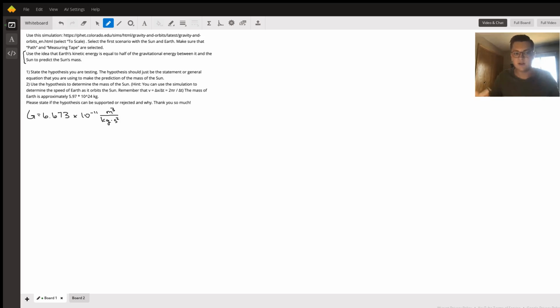Okay, so one thing that we know about the Earth's kinetic energy is that we actually have two components, right? So we have the component that's orbiting the sun. So that's going to be 1/2 m v squared, where m is the mass of the Earth, and v is the tangential velocity. But we also have the rotational component, right?